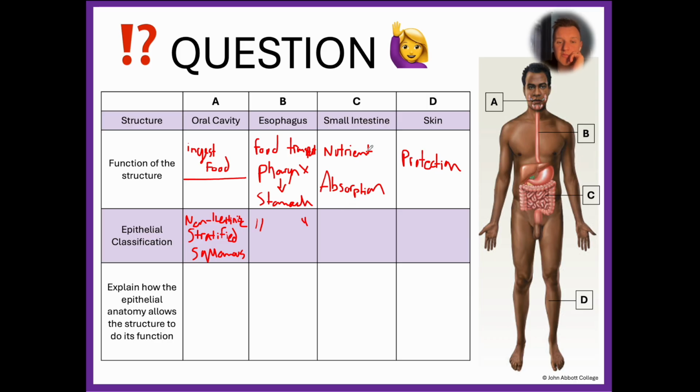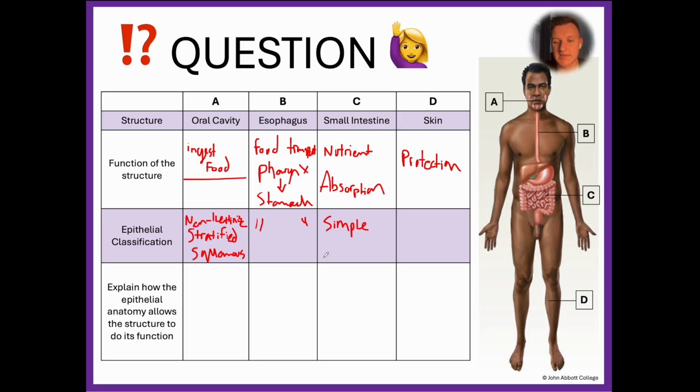If you recall in the small intestine though, what did we see in the small intestine? That was a simple layer, right? Now that we've been through, I like to think of the stomach as the decontamination shower that got rid of all the bad stuff. And now we can enter into the small intestine.